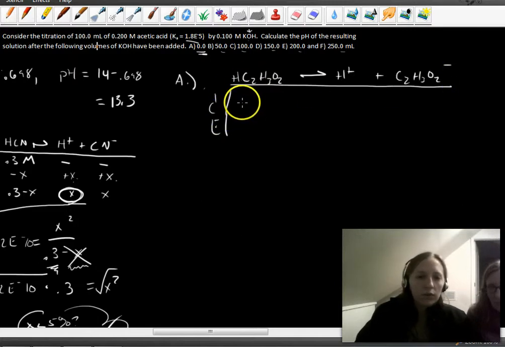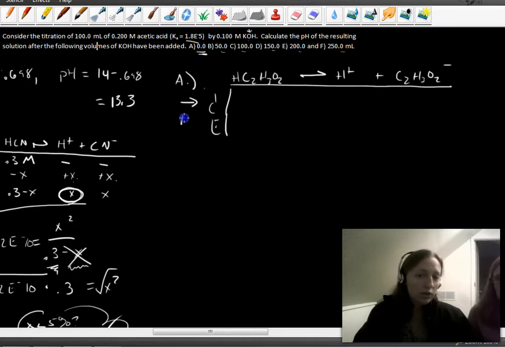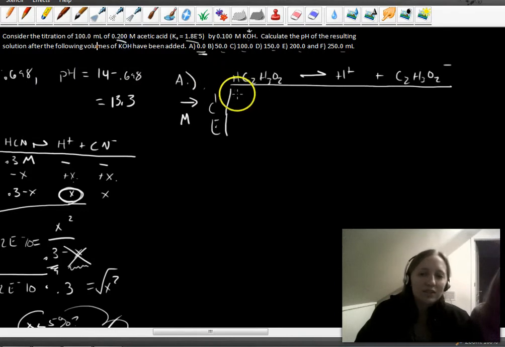Now what do we got? 100 milliliters of 0.2 molar. Remember, what goes in your ICE charts is molarities, not moles. So the 0.2 molar acetic acid, so that's 0.2, that's nothing and nothing, minus x, plus x, plus x.